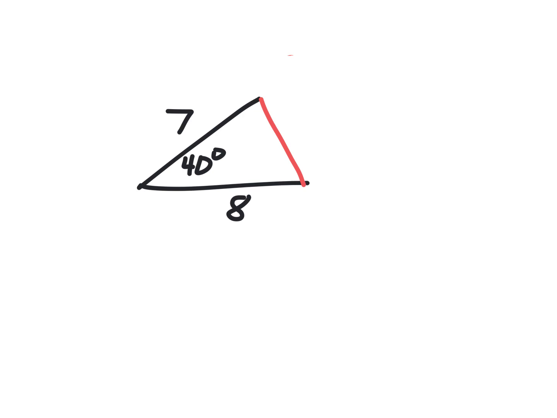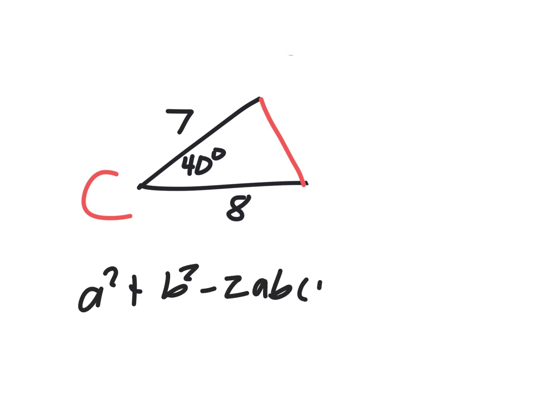You either know it or you don't. Which one's C? The 40. Because we only have one angle in the whole a squared plus b squared minus 2ab cosine of big C. There's the only angle right there. That's the only angle in the whole formula. You need to make that your C.